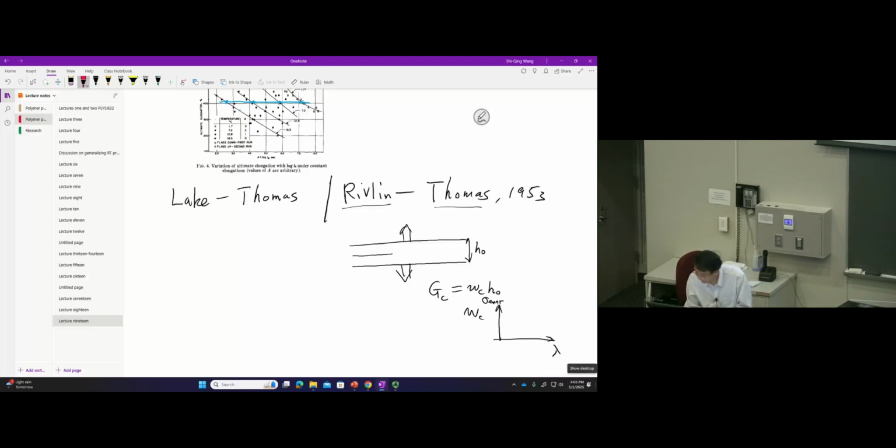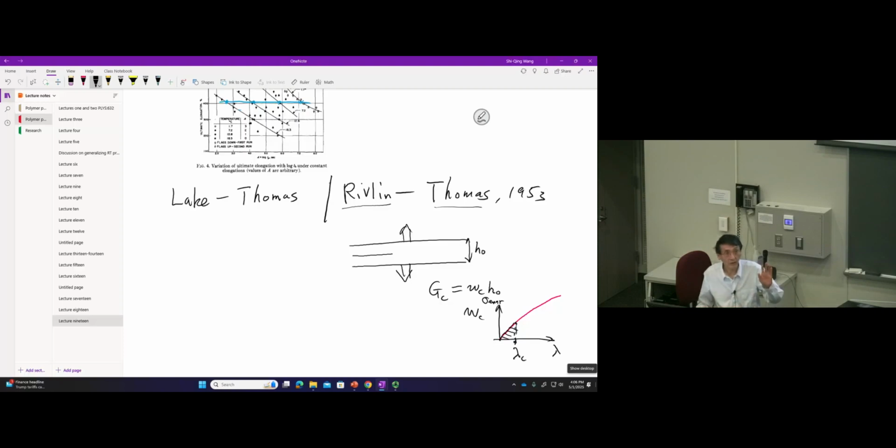So if this is an SS curve, we call it, of an uncut sample, then your cut sample typically just breaks much earlier, right? Because you have a big cut here. And it breaks about here. And this WC is the area under the curve. So it provides you an operational way to measure GC for stretchable elastomers.